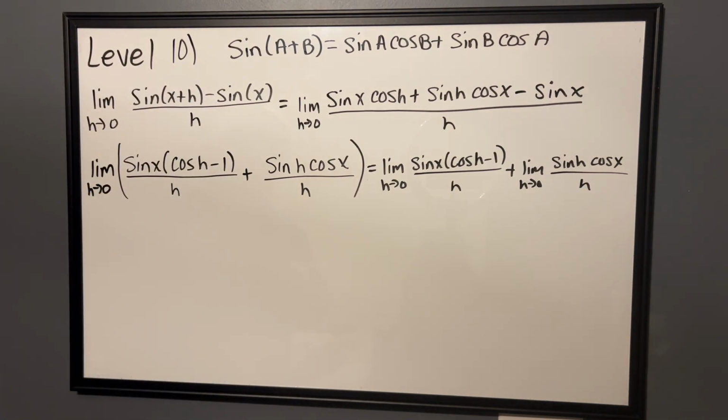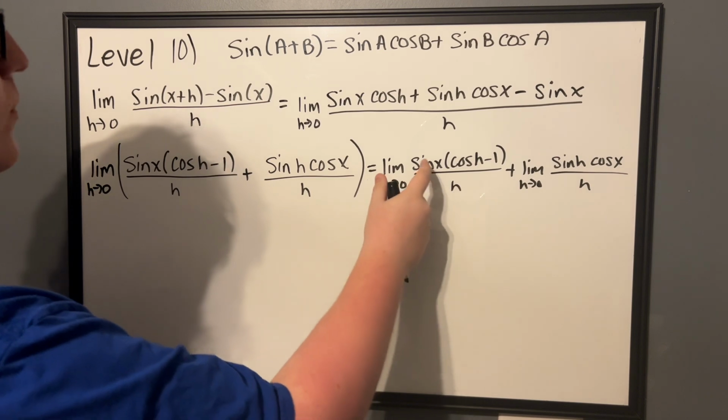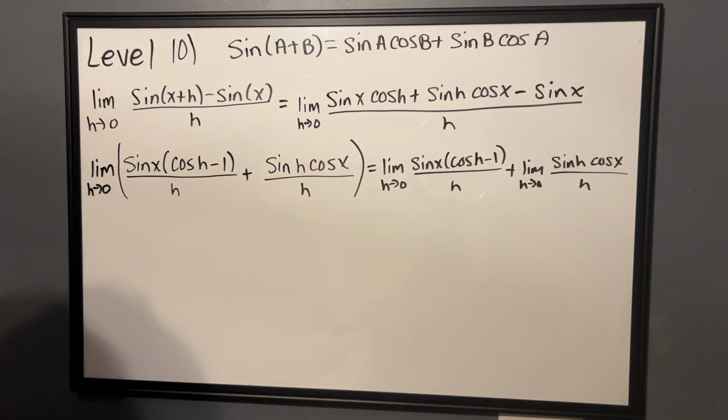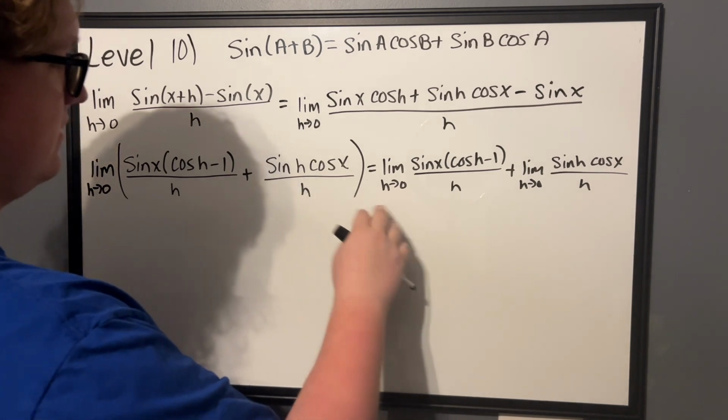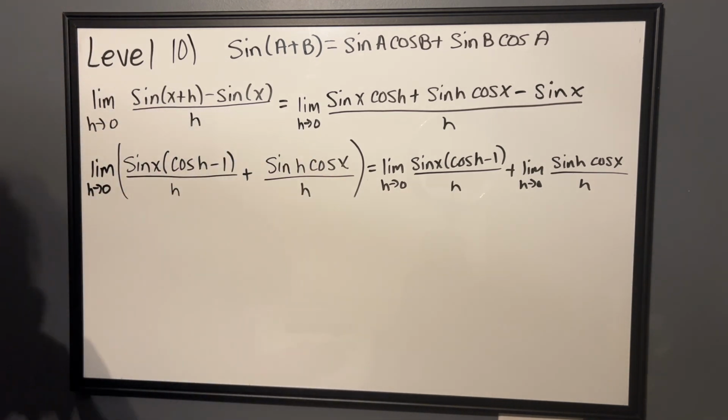Okay, so now here is where this gets a little bit tricky. We're going to look at these terms individually. When we have the limit as h goes to 0 of sine x times cosine h minus 1 over h, notice that we have nothing in this limit that depends on x. Everything depends on h.